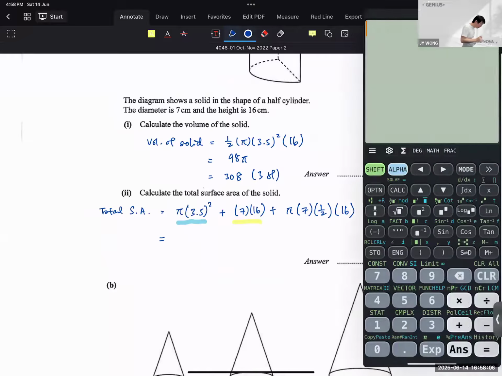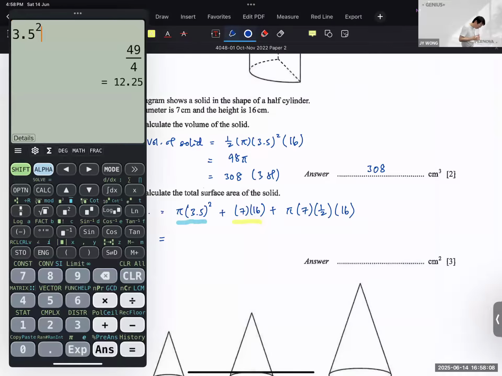Again, I will normally leave the answer in terms of pi first. If I leave in terms of pi, I cannot do that. So I have 7 times 8, which is 68.25 pi plus 7 times 16 is 112.